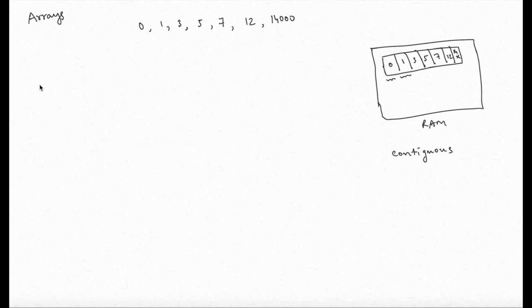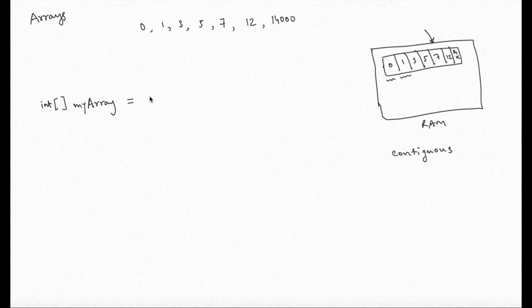So let's define an integer type array, and let's say we want to name our array myArray. This would be the name of our array, and the definition of its data type would be here. These square brackets denote that we are defining an array.